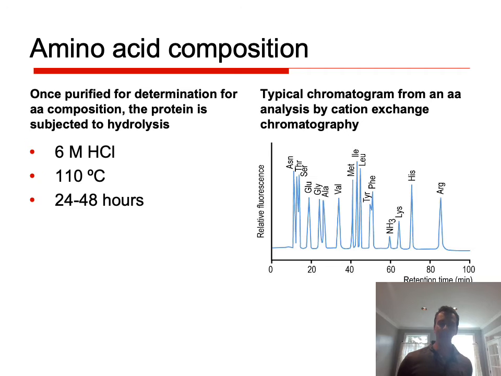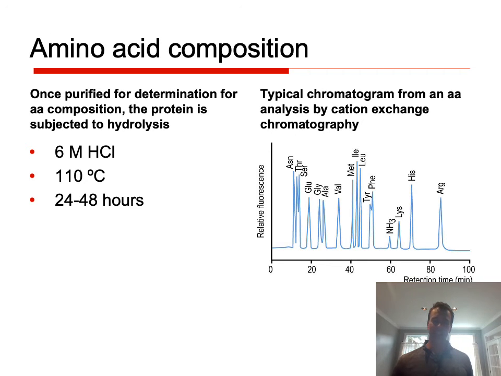First, I'll talk about amino acid composition. So again, you're just taking your protein prep and in pretty harsh conditions, 6 molar HCl at 110 degrees for 1 to 2 days, you destroy your protein into its amino acid building blocks, and then you just separate those by chromatography. And then you just look at either fluorescence or some sort of optical readout where you can measure the amino acids.